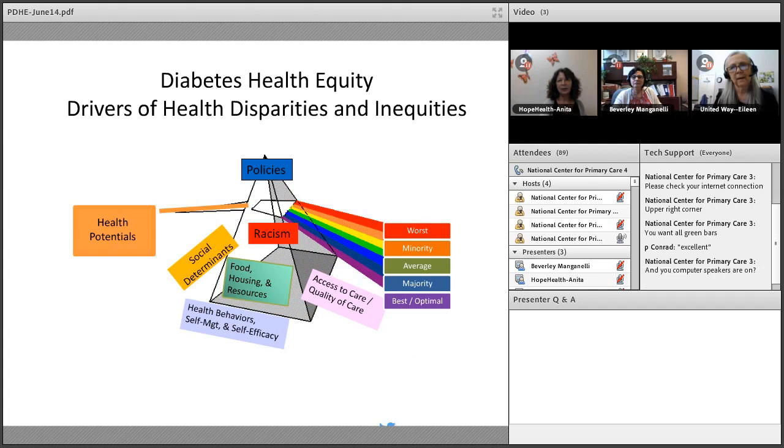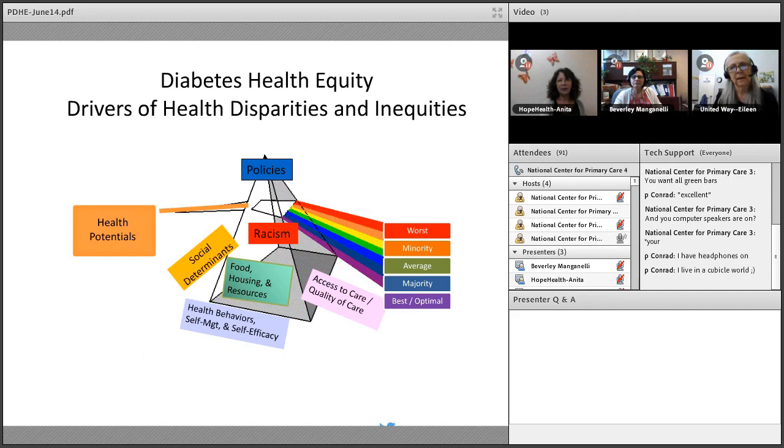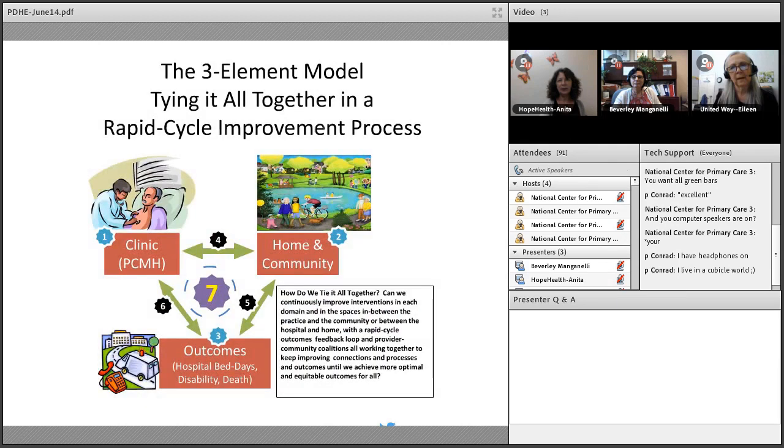Things that you see on this slide: access to care, the social determinants, which food and housing can be a part of, policies, something that we ended up looking at later on in the collaborative, and things like racism, to be quite frank. Many times for our patients, their health behaviors are the ones that are identified easier. But we know, as we've worked through this, and many of you out there who are listening know, that there are many things that impact the outcomes that our patients face.